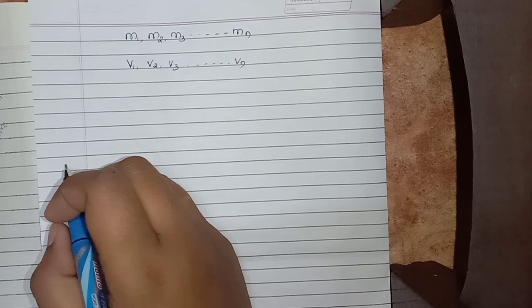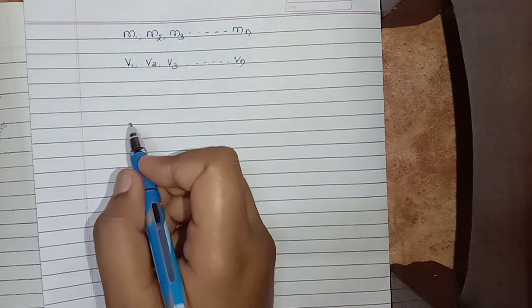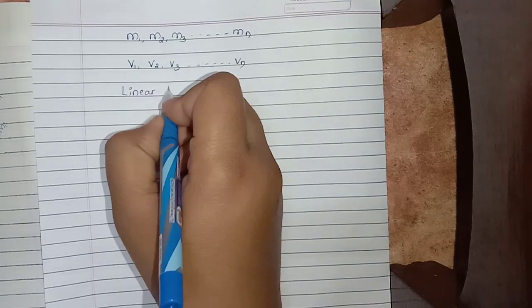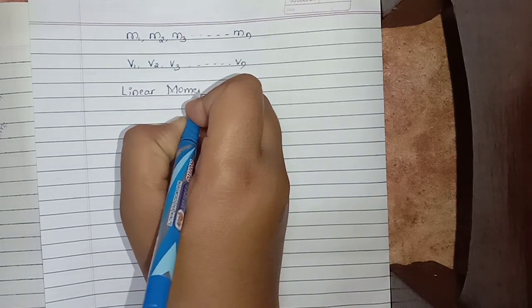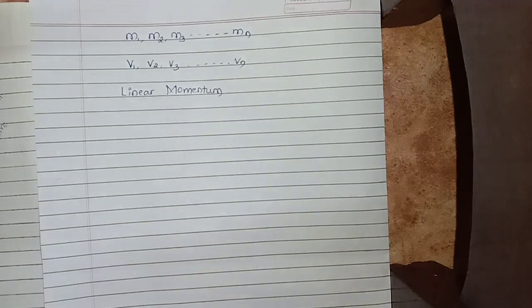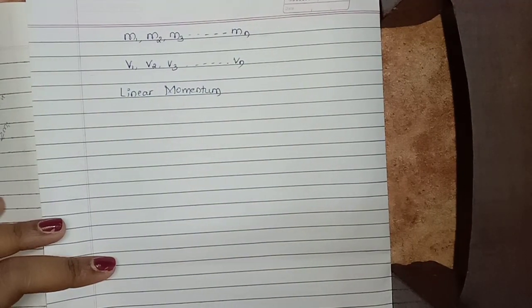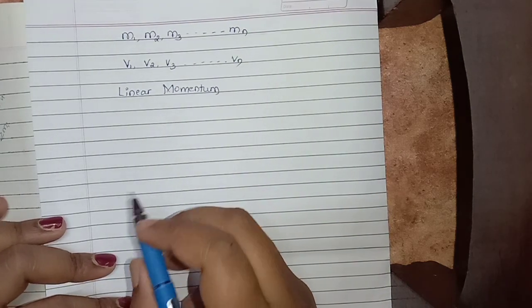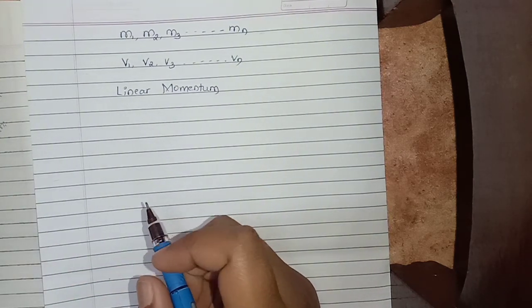Okay, so what is the meaning of the term linear momentum? Linear momentum is nothing but the product of mass and velocity of the object.